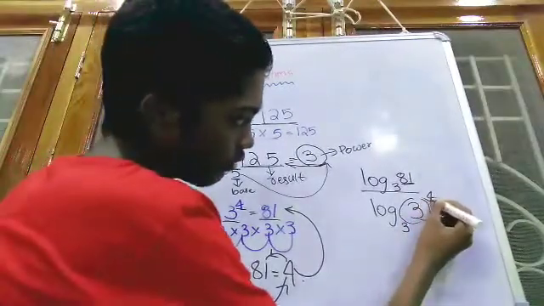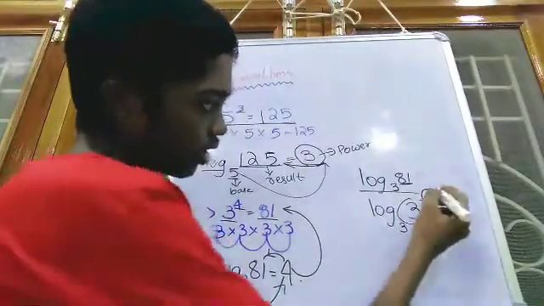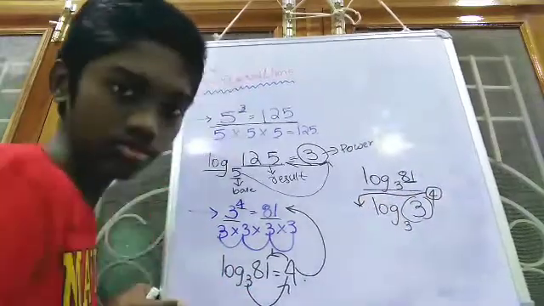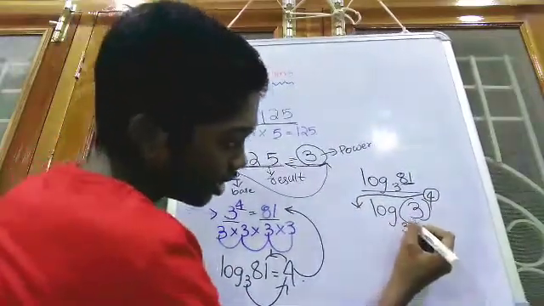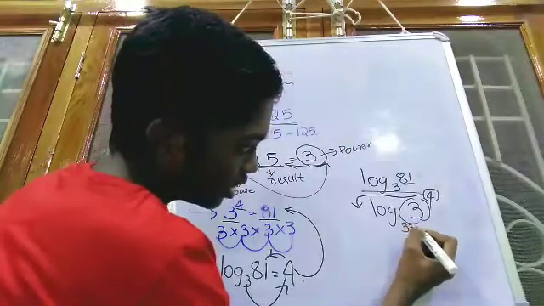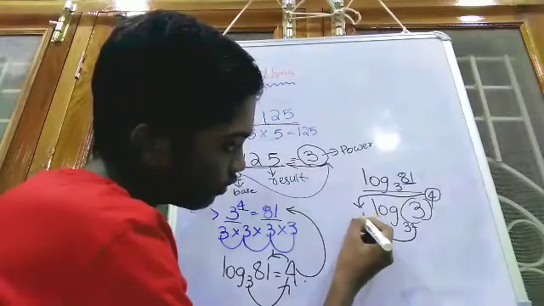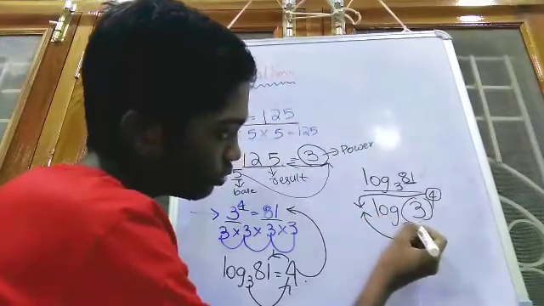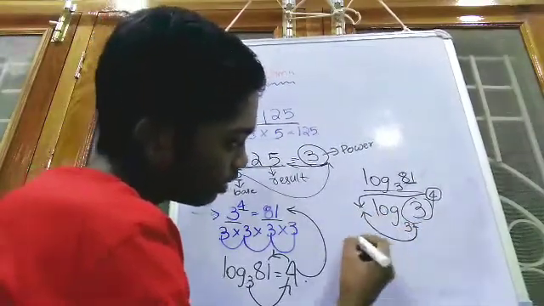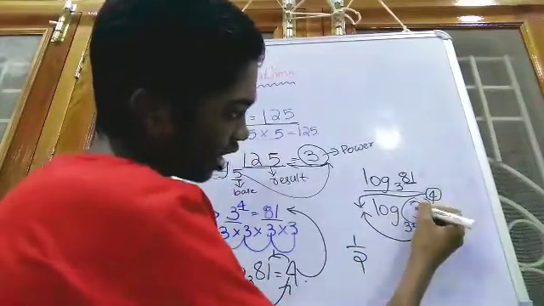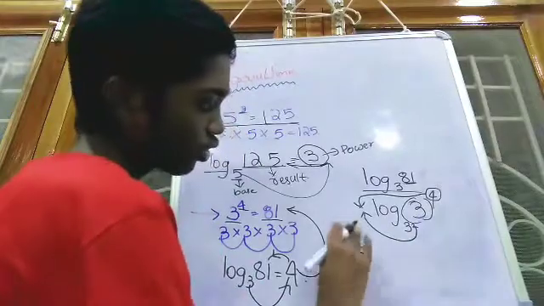Now here what we have to do, this power 4 will come before the log. If the power is on the base, for example if there is 3 square here, then this 2 will come before the log and it will become 1 by 2. But if there is a power on the result, then it will become directly 4.